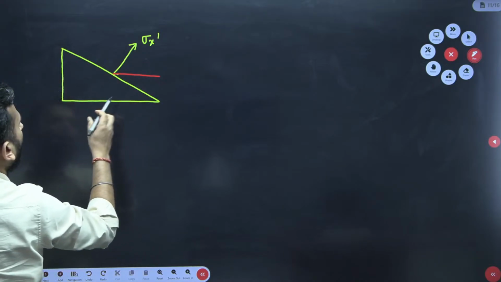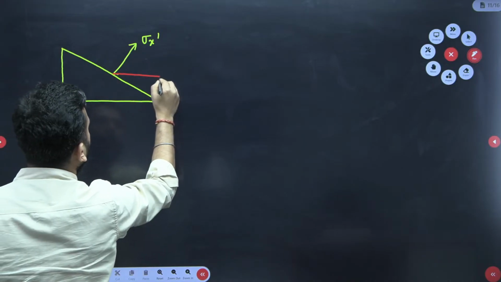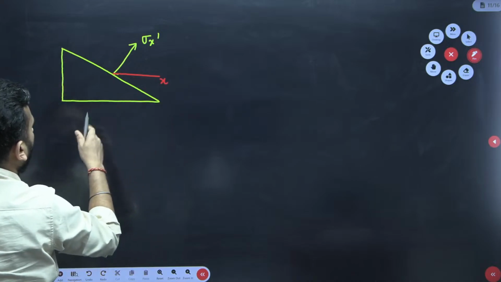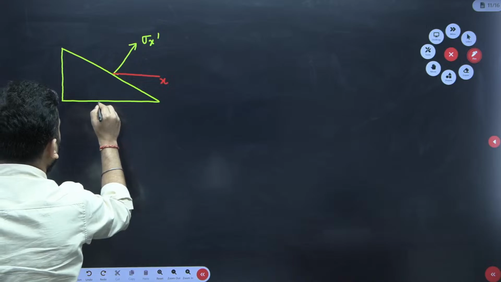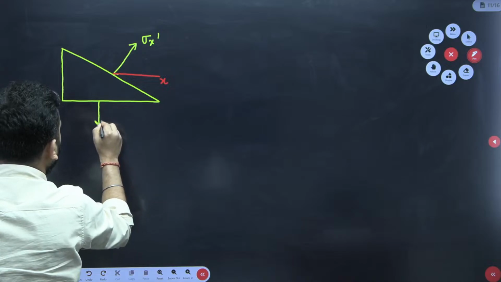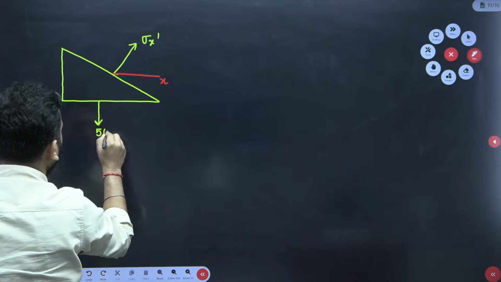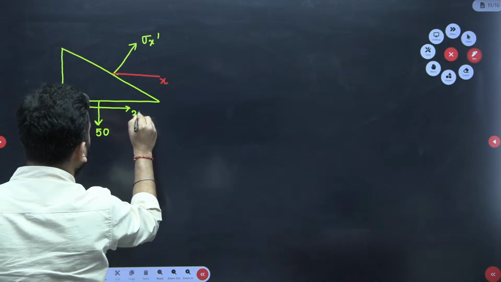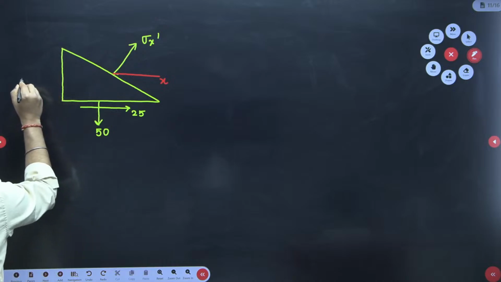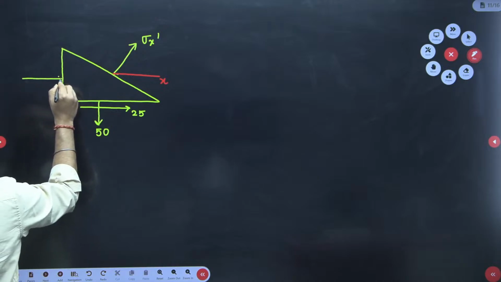Let's say this is your x. And over here some 50 is acting. There is 25 in this direction, and on this face 80 is there.